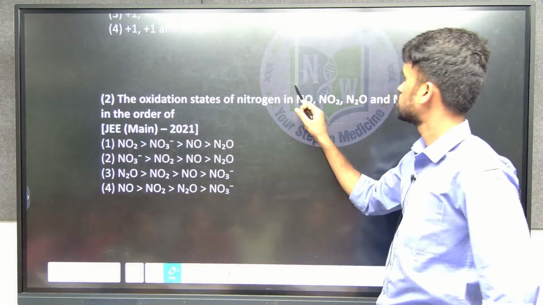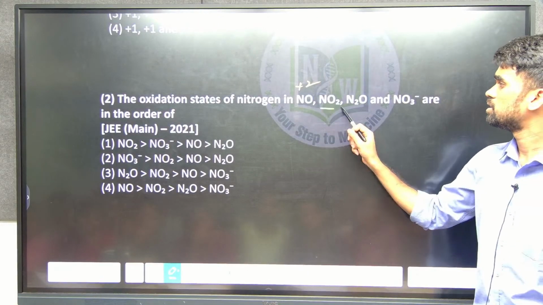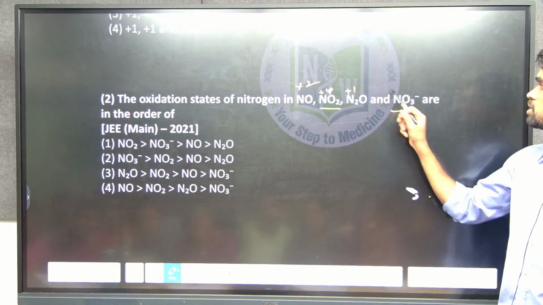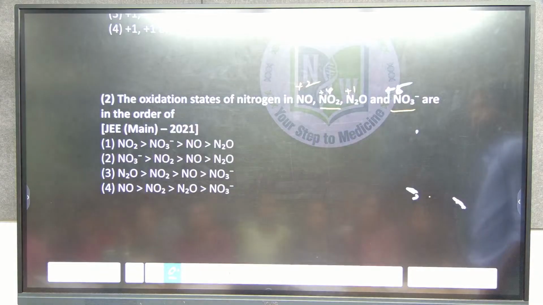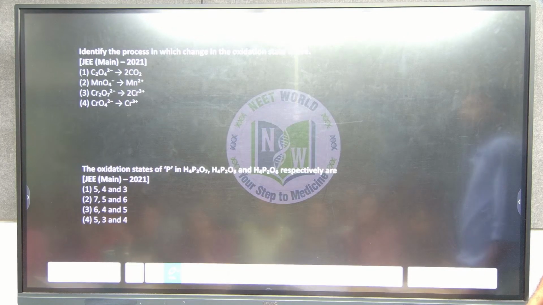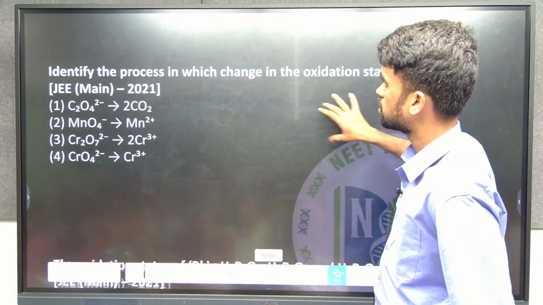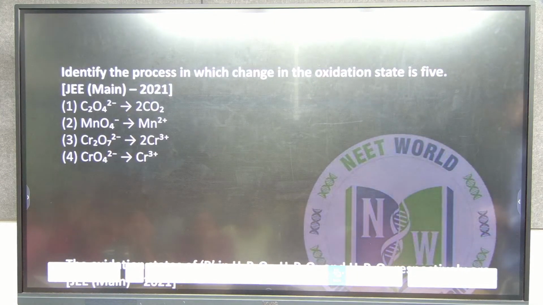NO is plus 2, and for this one, that's it. Match them there. Okay. So NO3 minus, NO2, NO, N2O. You just do this one. Fast.